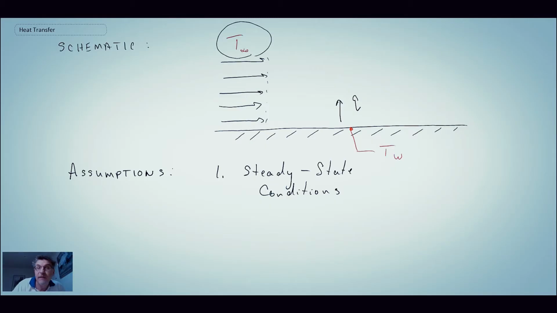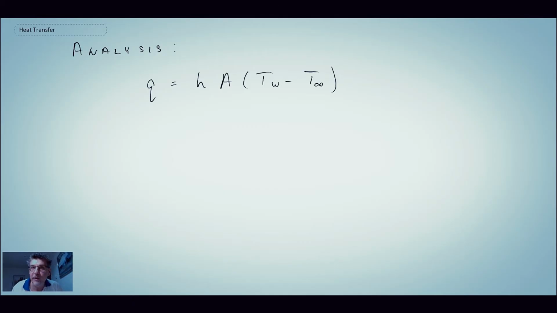Now for analysis, it's pretty simple. We're going to take Newton's law of cooling that we just saw. We have all of the different values, so it'll be pretty much straightforward plugging in the values. So, analysis for this. And when you write out Newton's law of cooling, it's always T_W minus T infinity.